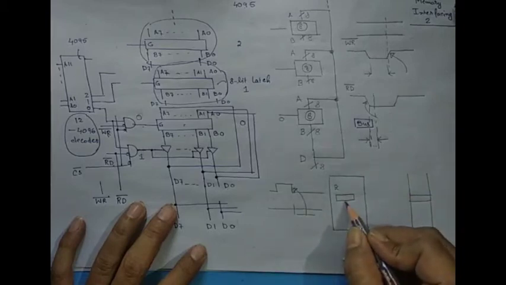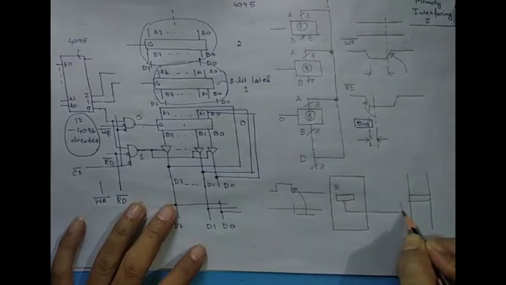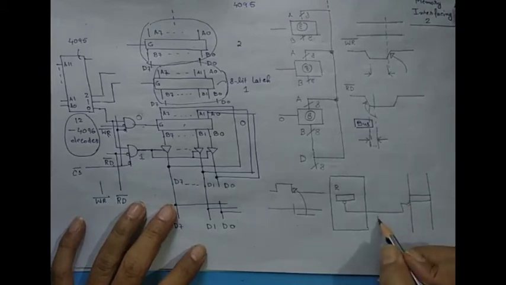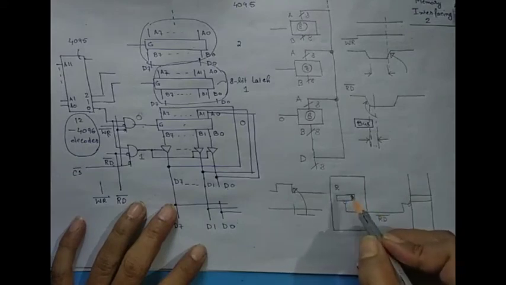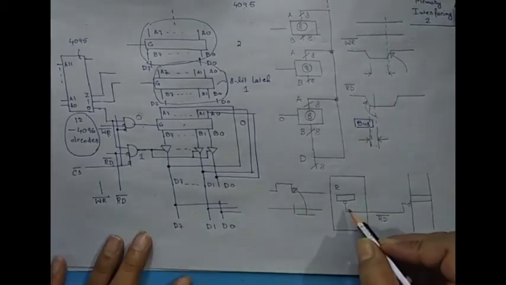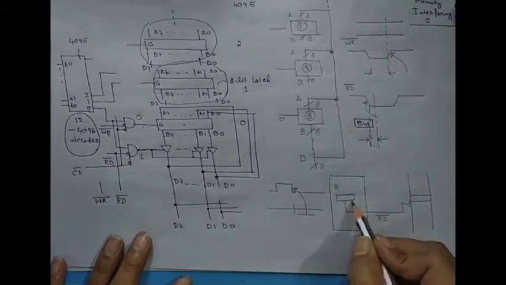We can assume that the other end of the read bar signal is connected to this internal register. This is read bar signal, and the read bar signal is acting as write signal for this internal register, or it is causing write operation for this internal register.